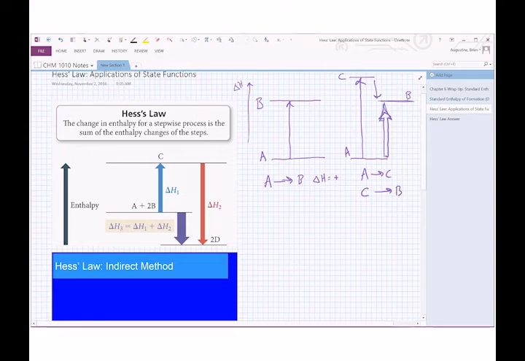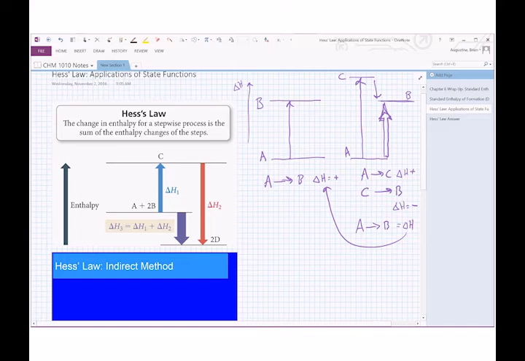Okay, so what I'm saying here is maybe we can do this reaction A going to C, and that one delta H is positive. And then maybe we can do this reaction C going to B, delta H is negative, but the net result of A going to B, we have a new delta H value that's the exact same one as this one.